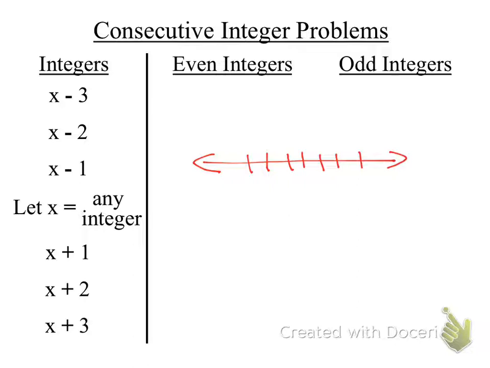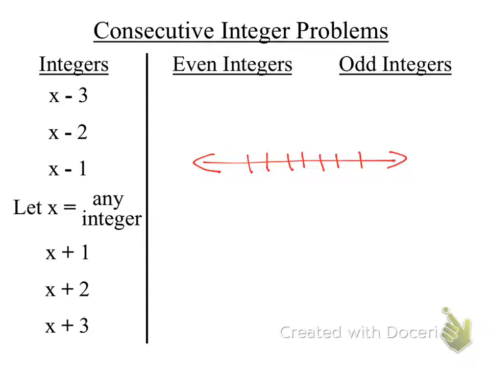When we talk about consecutive integers, can anybody tell me what it means to be consecutive? In a row, something in a row. Like 1, 2, 3, 4, A, B, C, D, things that are right next to each other in the alphabet or numerically.